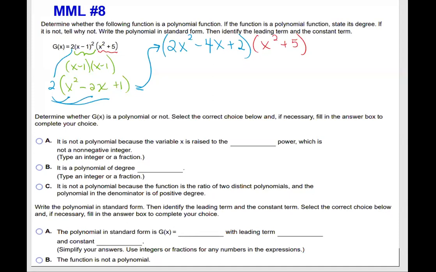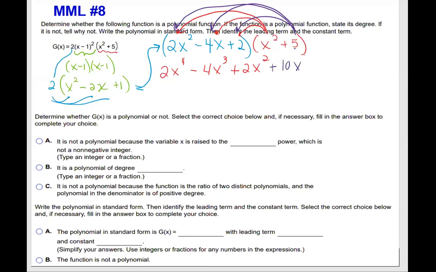Okay, and then I would have to distribute, and it doesn't matter which way you distribute. I'm going to distribute the x squared from the back to the front. That's going to be 2x to the 4th minus 4x cubed plus 2x squared. And then I would distribute the 5 to these things also, and that's going to be 10x squared minus 20x plus 10.